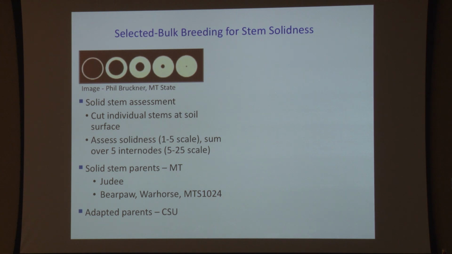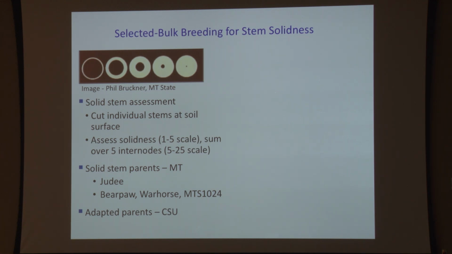So here's what cross sections of a stem might look like for different levels of stem solidness. The method that's used is to cut stems at the soil surface and then assess on a 1 to 5 scale over 5 internodes, so that there would be a total possible score of 25 for a given plant.